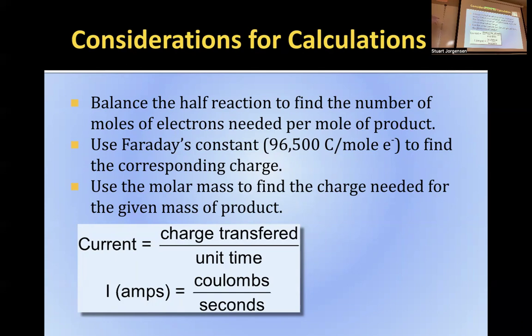I equals Q over T, that's right there on the sheet. The Nernst equation is still on there. Sidebar, there's a section on the Nernst equation and concentration cells, don't worry about that, we didn't do that. Not responsible for that. All right, just a couple examples.